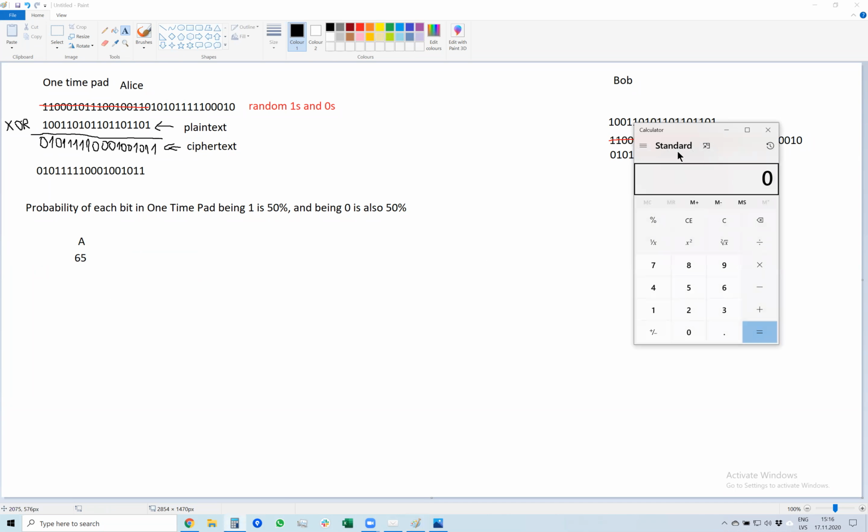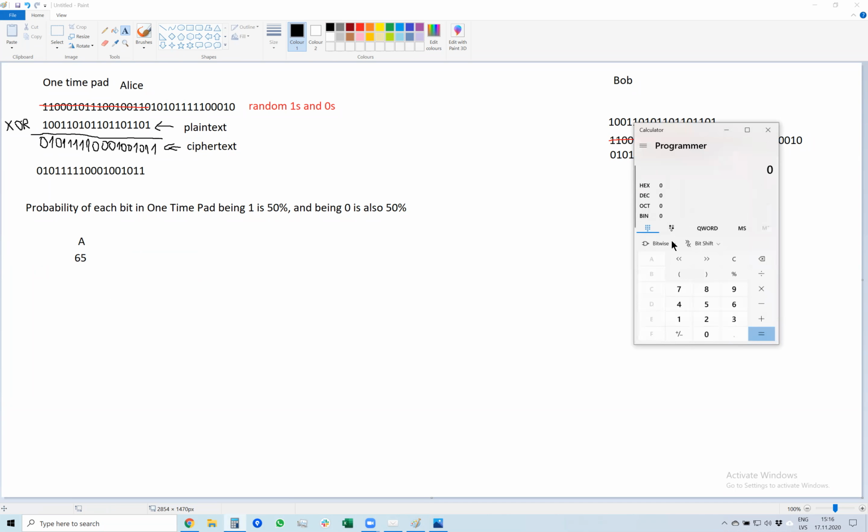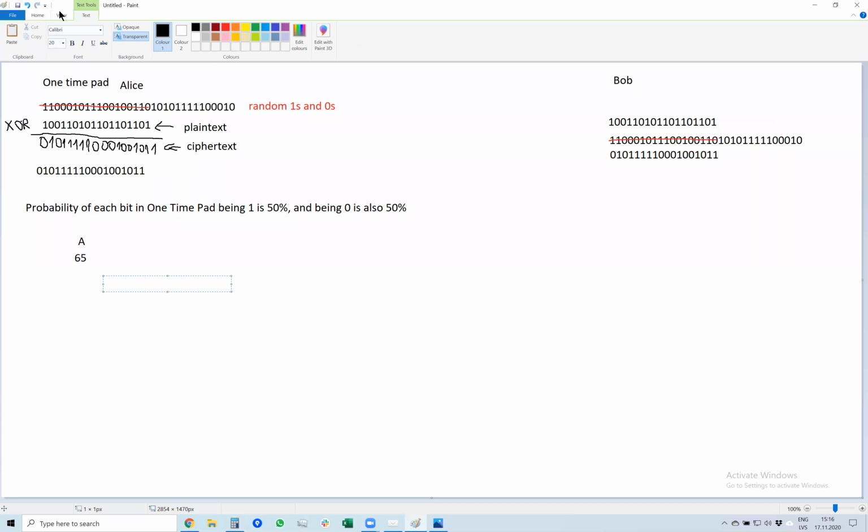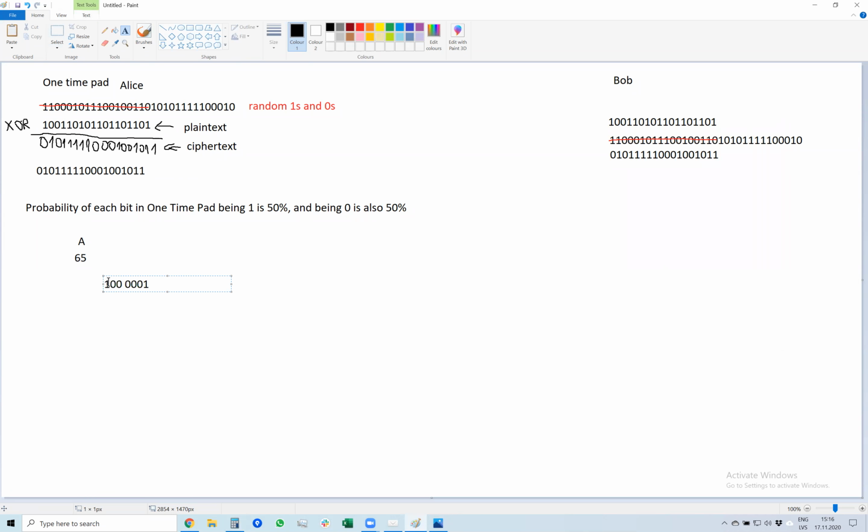Let's write 65 in binary. In binary, it is 0, 1, 0, 0, 0, 0, 0, 1. So this is what she sends out, but before sending, she encrypts it with the next part of the one-time pad.